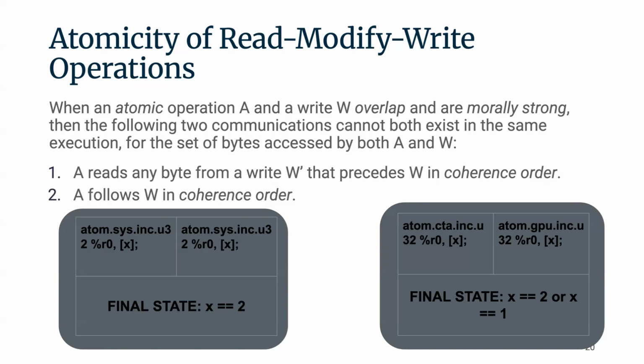This is a bit hard to think about, but what it means is basically atomic operations do not happen in the middle of a write. All the writes in a system either happen completely after the atomic operations, or they're completely before the atomic operation. So atomic operations work the way you expect them to, but only if they're morally strong.